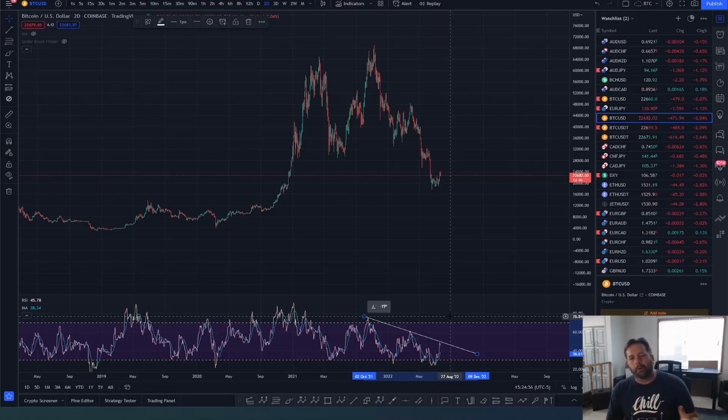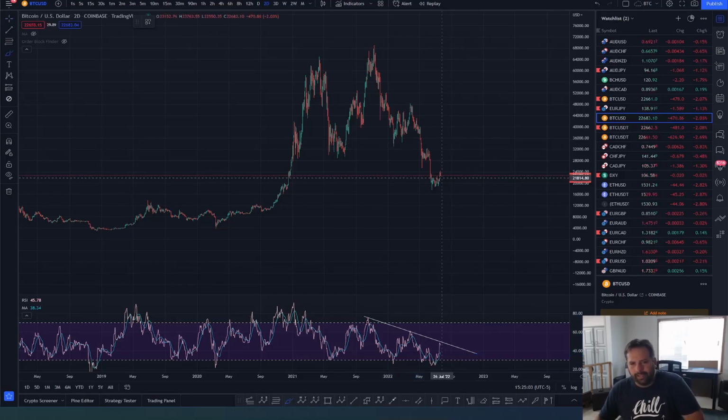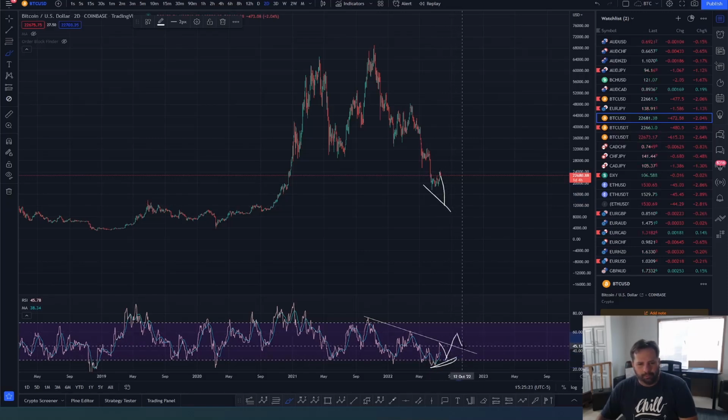Every pullback is smaller and smaller, and so until we get enough momentum to shoot through that price down here, this RSI down here, we might just go on down for one more hit to the low. What that's going to produce more than likely is divergence, which is what we would love to see. One more hit to the low with divergence, and then we break back above that trend line, pull back, and continue on. That would be what we'd want to see over the next 6 months or so.